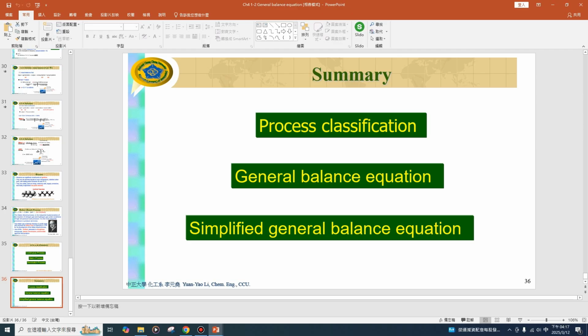Okay, so after that, because we know this general balance equation, we want to simplify it. There are two conditions. Anybody want to tell me how can you simplify or remove some terms in the general balance equation? Who is talking now? If you are talking, that means you want to tell me, right?